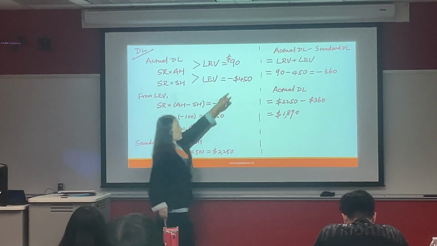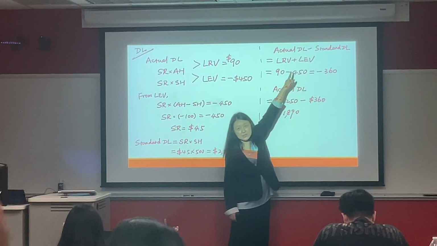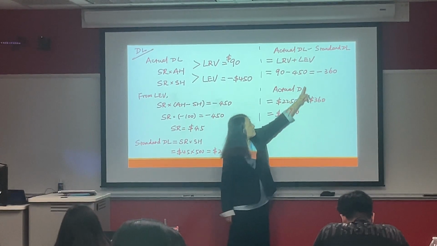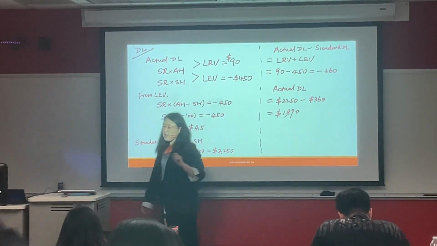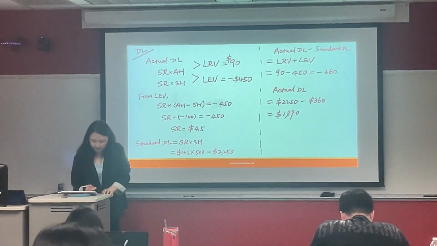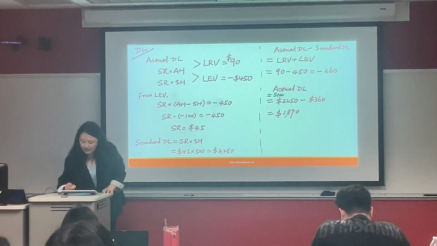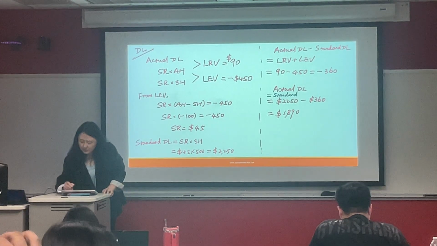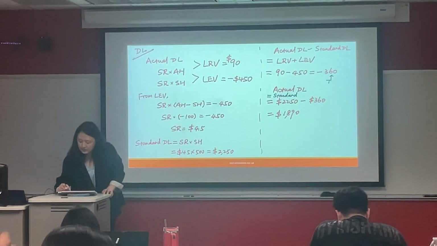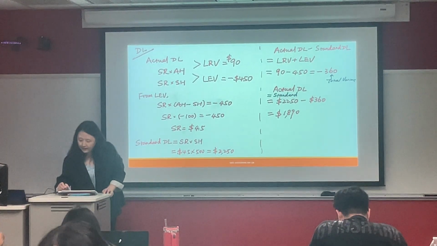Okay? So actual equals standard minus, right? So standard you move to the other side, so basically standard plus the total variance, right? So if you wanna, okay, do it a little bit slower. So that's the standard. So this is the total variance, total direct labor variance.